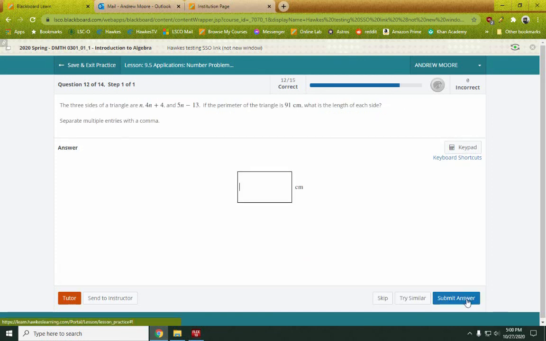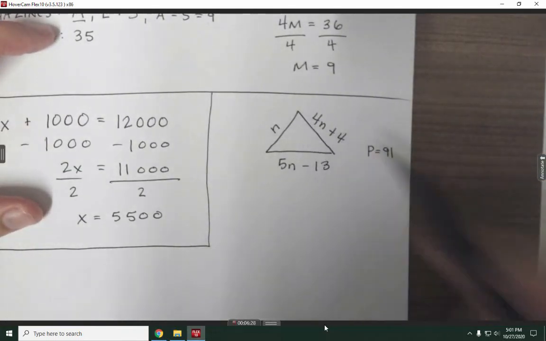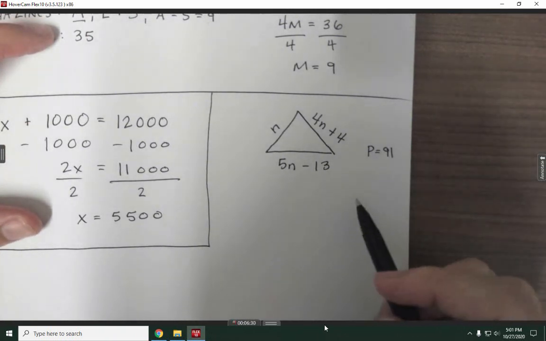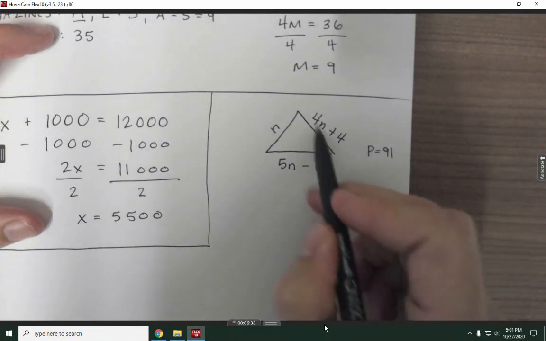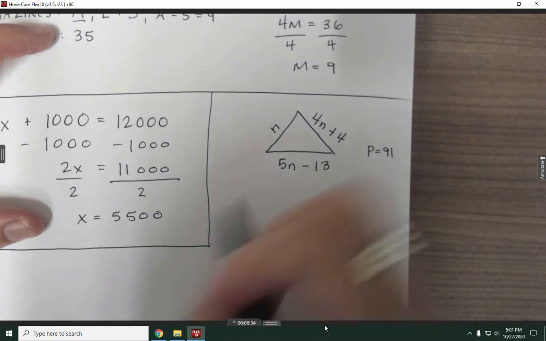Three sides of a triangle are n, 4n plus 4, and 5n minus 13. If the perimeter of the triangle is 91 centimeters, what is the length of each side? So here's our triangle. One side's n, 4n plus 4, and 5n minus 13. And then the perimeter, which means we're adding all these up, that should be equal to 91.